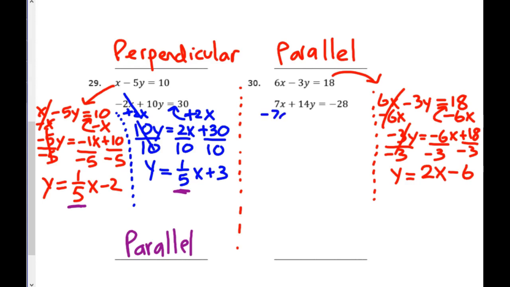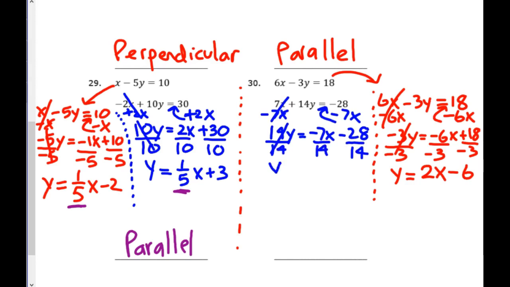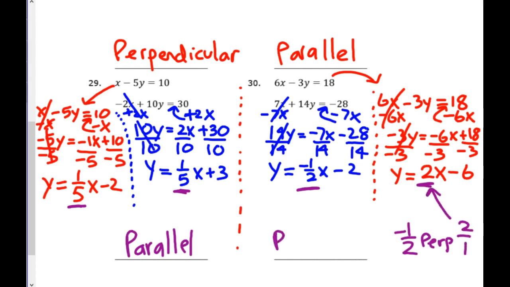Alright, minus 7x. Put that in front. 14y equals negative 7x minus 28. Divided by 14, divided by 14, divided by 14. Negative 1/2 x minus 2. Alright, so negative 1/2, positive 2, negative 1/2. If you change the sign and put the fraction, it's 2 over 1, which is 2. So yeah, that's perpendicular.